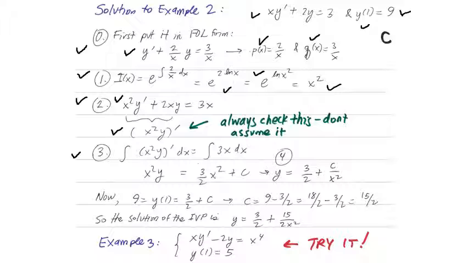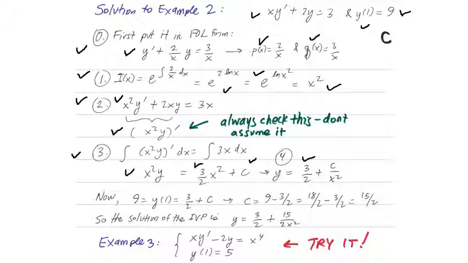The integral of the derivative of a product is just that product. We have an easy integral on the right hand side. Don't forget your plus c at this step because we're almost done. And then finally in step 4, I just solved that for y. So that would be my general solution.